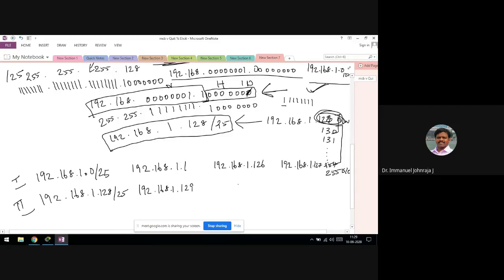What is the broadcast address? 192.168.1.255 is the broadcast address. What is the last usable? 192.168.1.254.